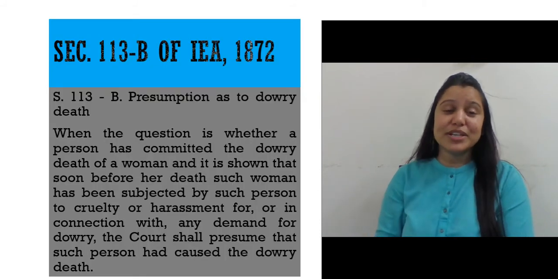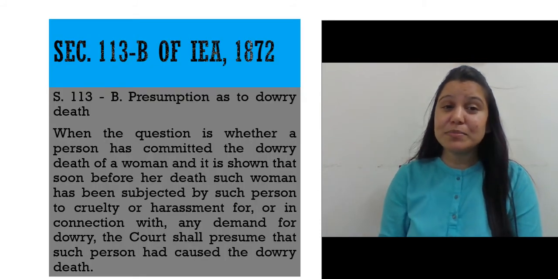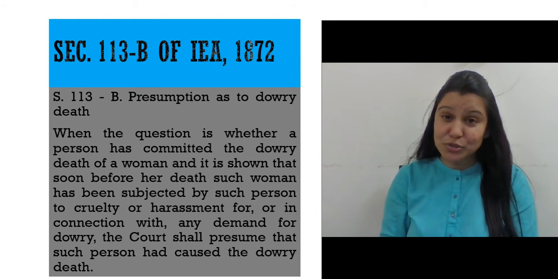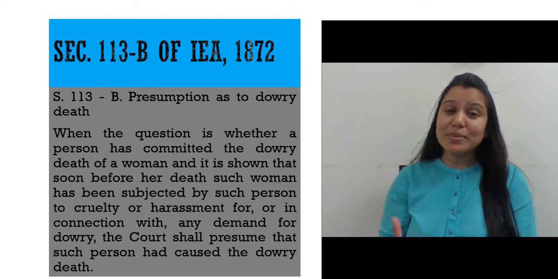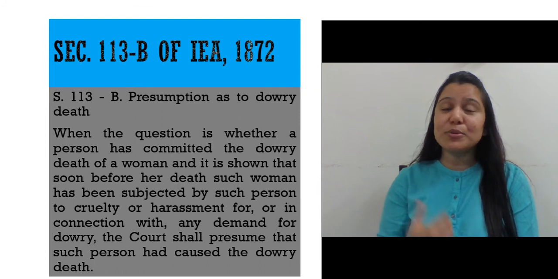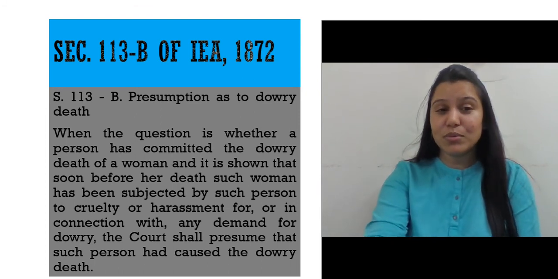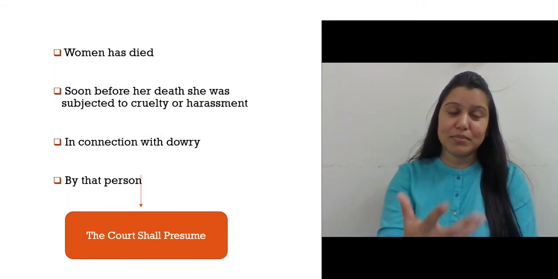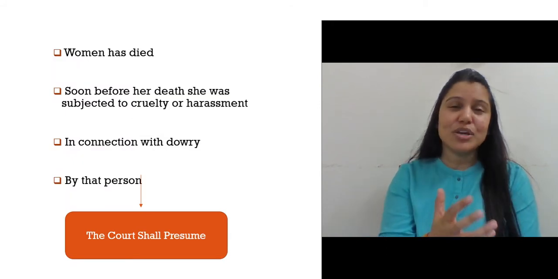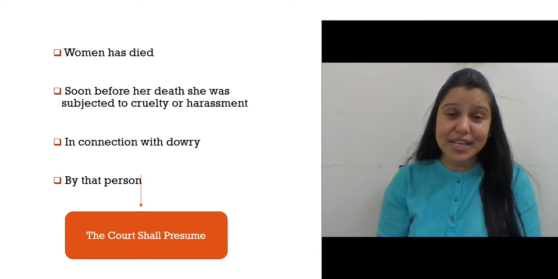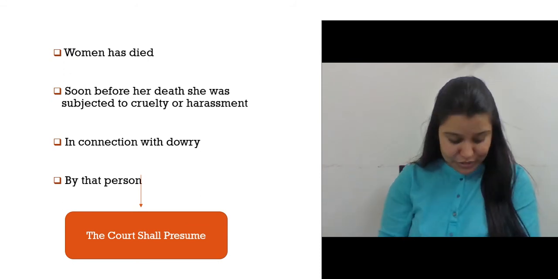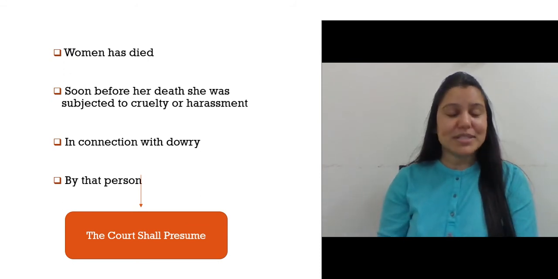Now here, section 113B of the Indian Evidence Act talks about presumption as to dowry death. Now what happens when the question is whether a person has committed the dowry death of a woman? What are the conditions which have to be there in order to prove that it was a dowry death? The woman must have died, of course.